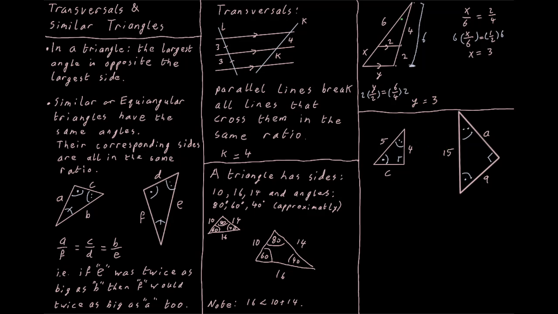So we have the ratios of the sides must be the same because they're similar triangles, or we can use the same argument for transversals. Either way, because the ratios are the same, we're able to work out the sizes of x and y.